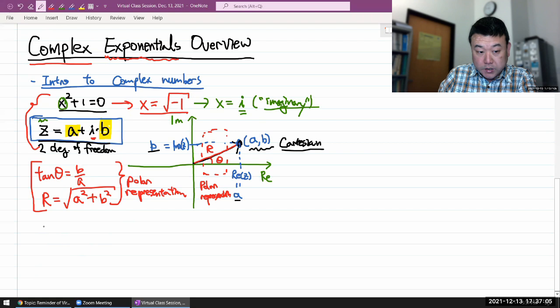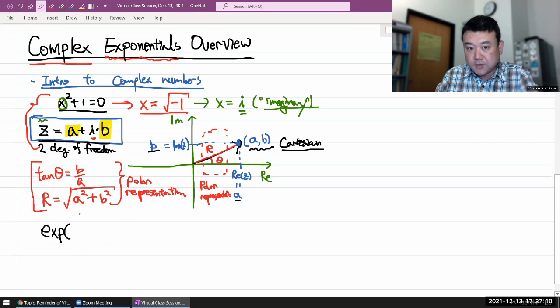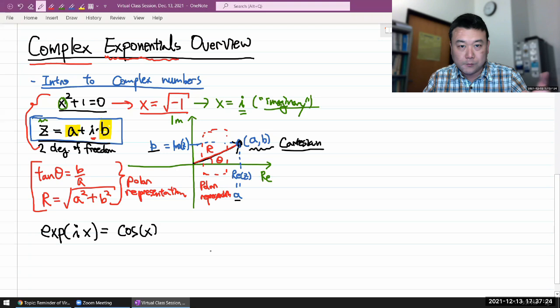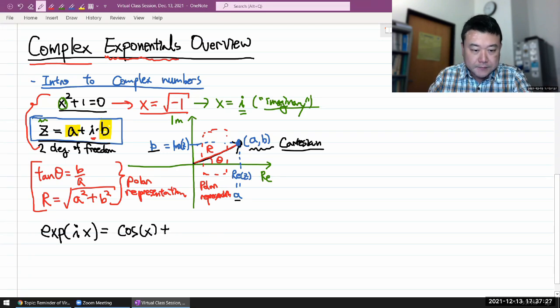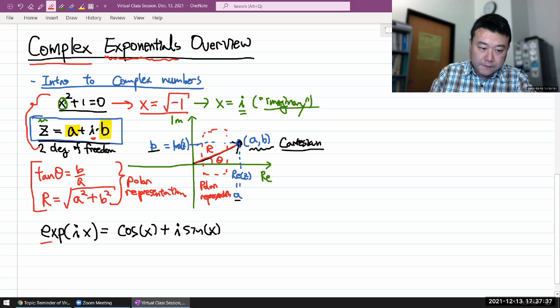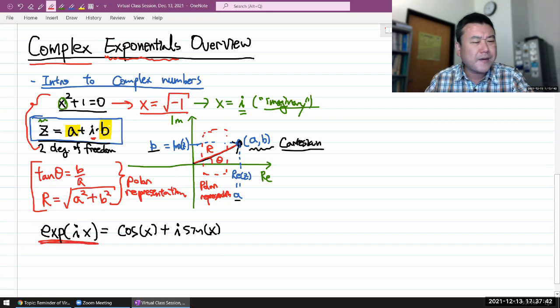Euler's equation says that the exponential of an imaginary number, i times some parameter x, can be written out this way: cosine of x, which you know how to calculate, just a real valued function, plus i times sine of x, another real valued function. This quantity on the left-hand side is something that, if you are seeing it for the first time, you might wonder what it means.